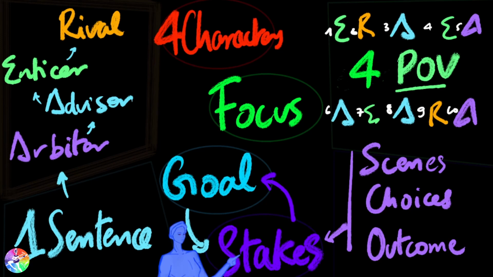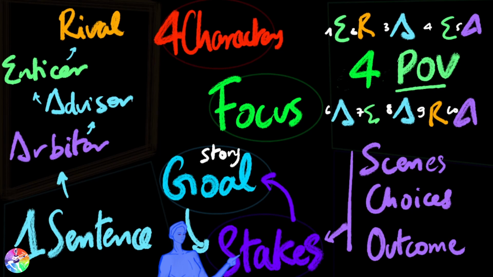Then once you've done that, try to think about the synergies between the goals of the story and the stakes. Now, the goals are at the story scale, so it's for your whole story, your whole movie, your whole book, your whole game.